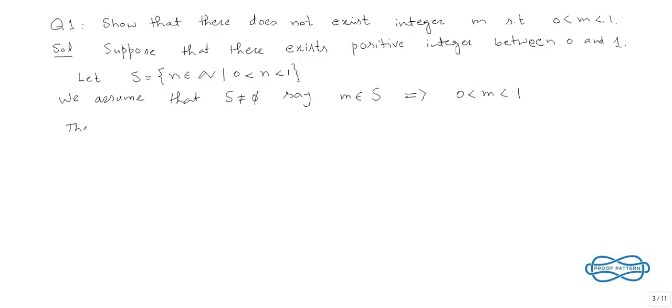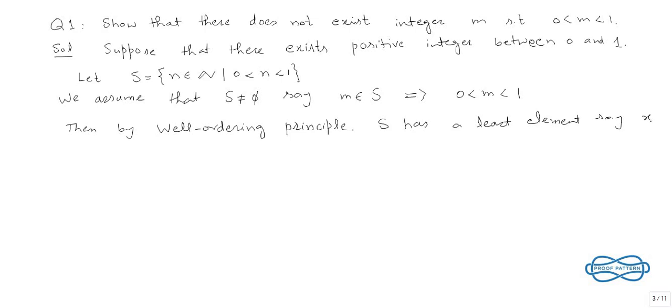Then by the well ordering principle, which says that any non-empty subset of the set of natural numbers has a least or smallest element, S has a least element, say x.